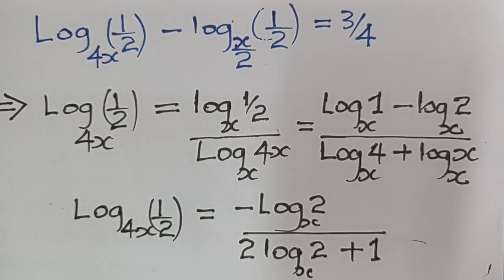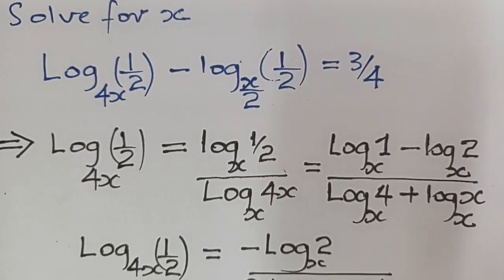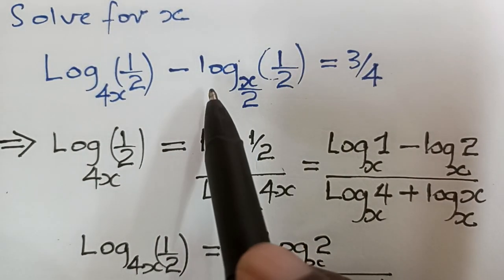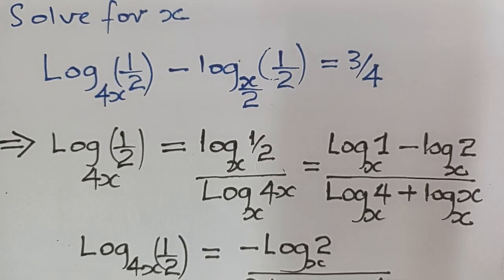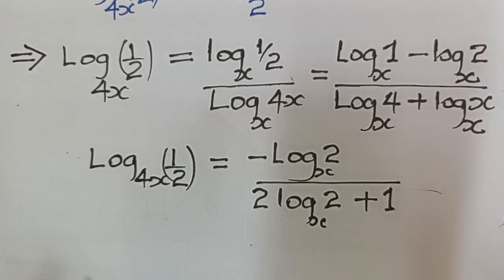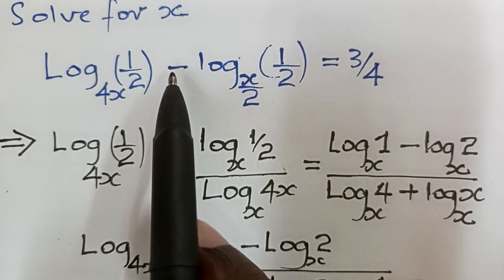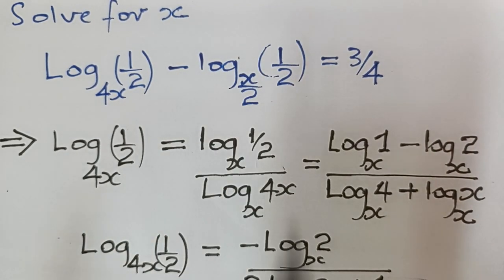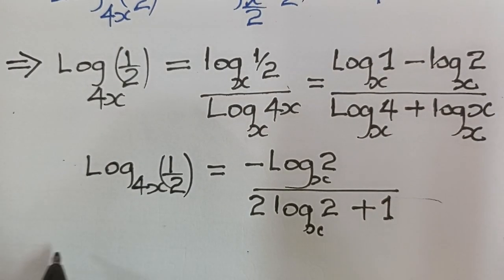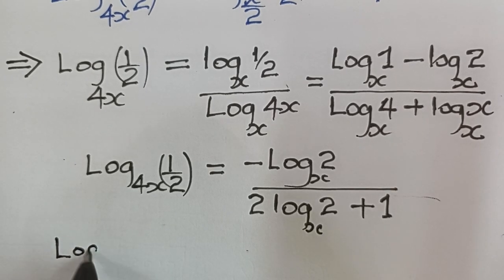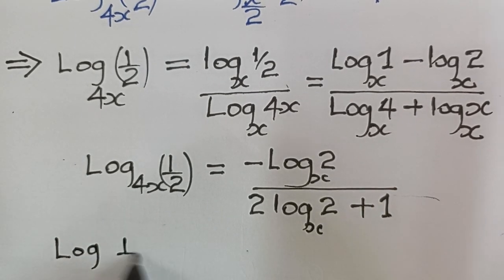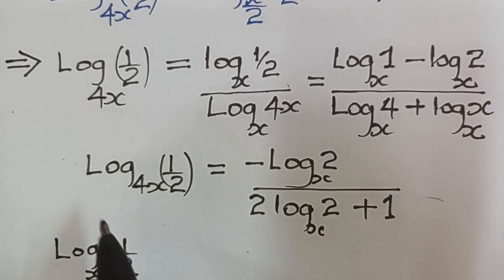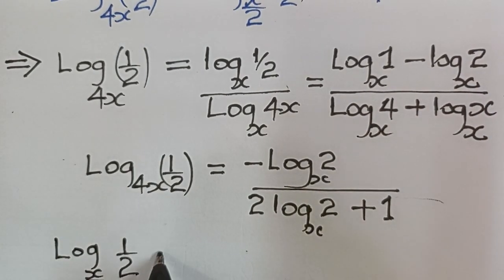So this is going to be now 1. Guys, we go ahead and now deal with this second term. For that, we are going to leave this negative first and now evaluate this. So this is going to be log a half to base x over 2. And we still do the same the way we have done here.